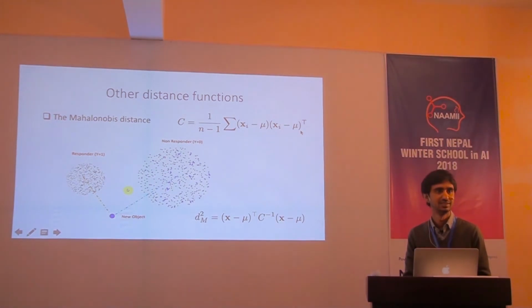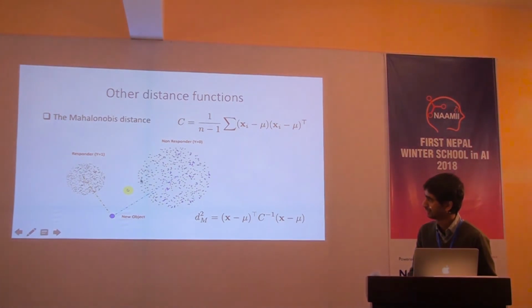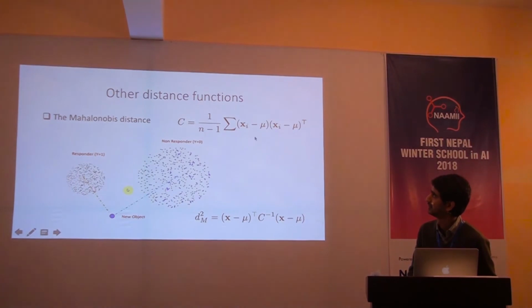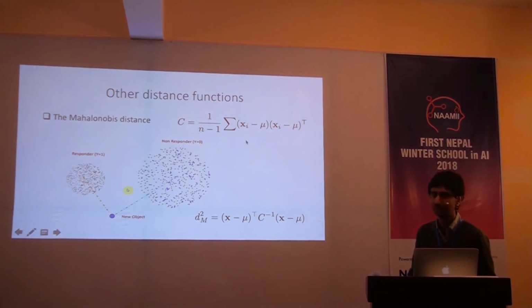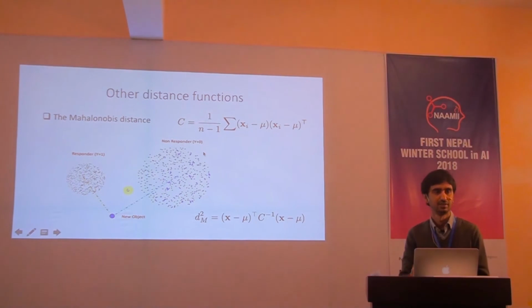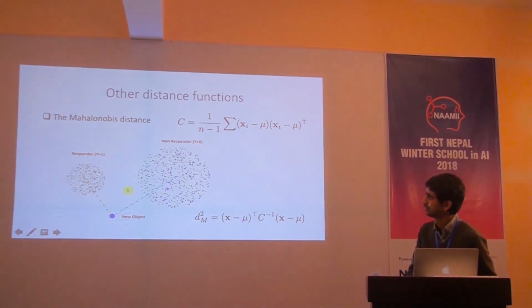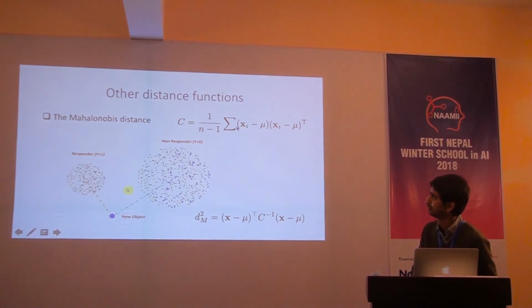Do you agree? Especially because of these points around, which are very far, this distance will be high. So the covariance of this cluster will be high, meaning that it has more variance inside. And for this one, it will be lower, right?